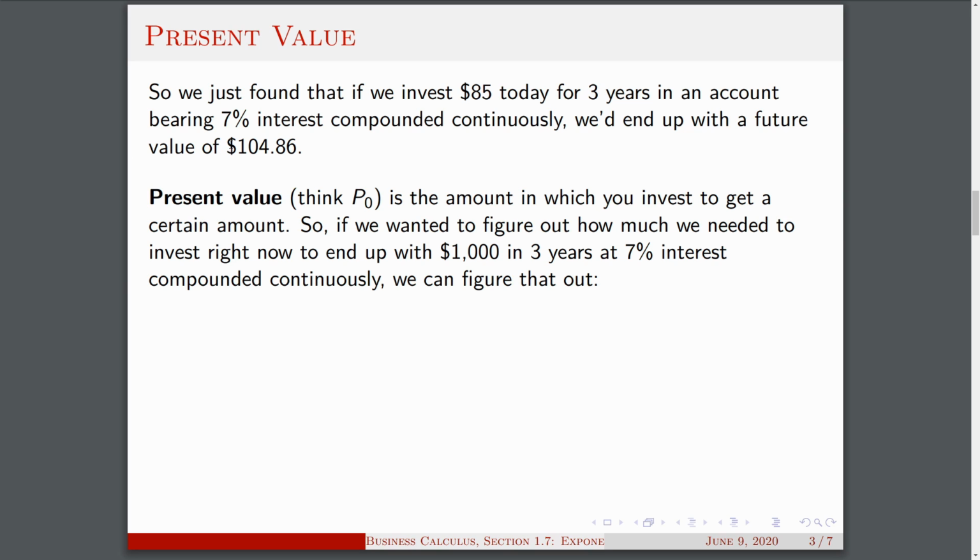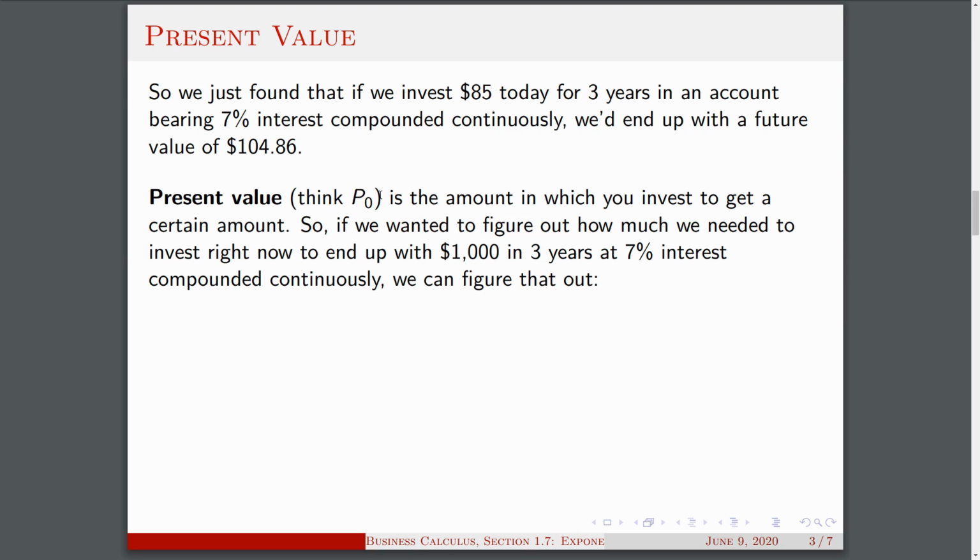We'd end up with $104.86. Now, present value is the opposite thing, right? Instead of the amount that you'd end up with if you started with some amount, it's the amount that you'd need to start with if you had a number in mind that you need to end up with.